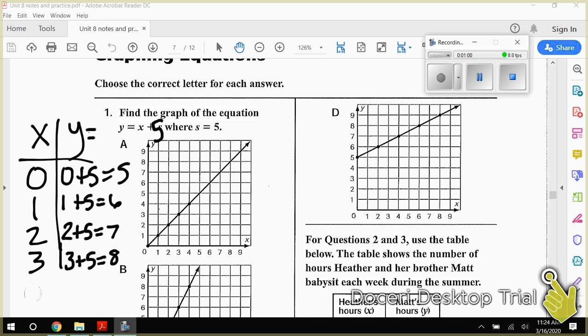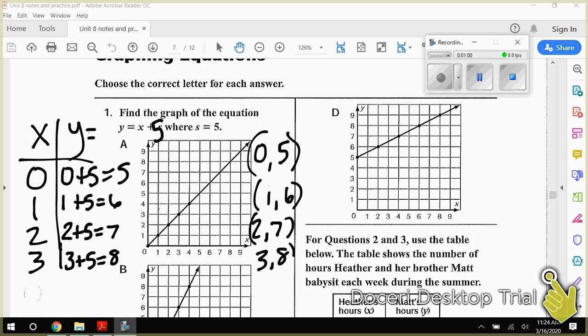So these are going to be my values. I'm literally looking for 0, 5; 1, 6; 2, 7; 3, 8.